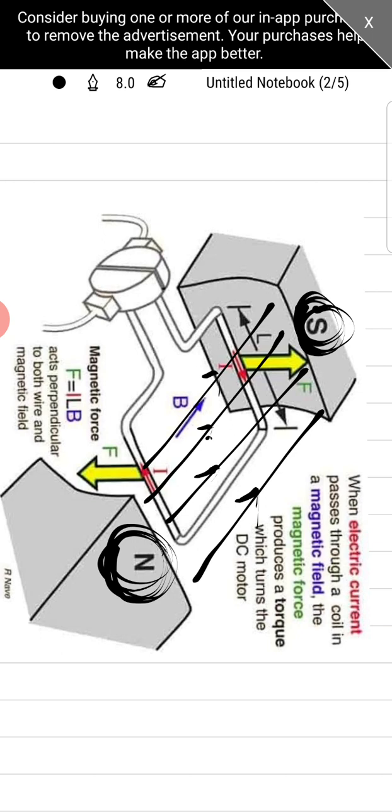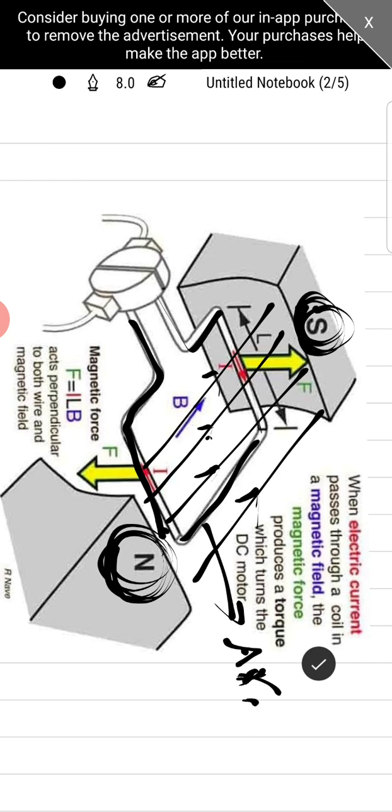In this strong magnetic field, a rectangular wire will be placed. If we place a set of such rectangular wires, then it is called an armature.